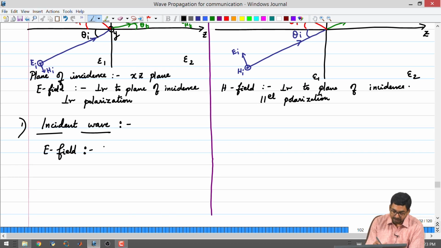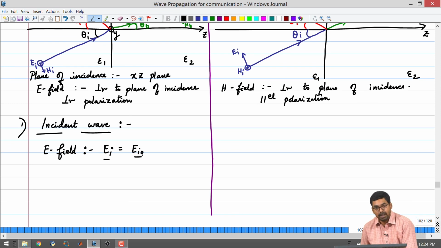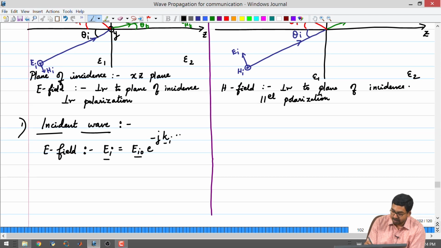Okay. So, I am denoting the electric field incident to be E I. It does have some magnitude and a direction, and it varies with respect to space as exponential of minus j k I dot r.